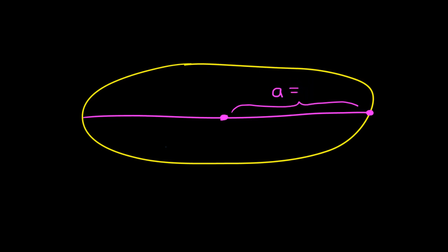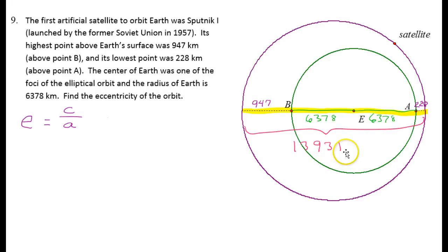So, in other words, the A value is going to be half of the major axis. So, that means that the A value is going to be 13,931 divided by 2, getting 6,965.5 kilometers. That's the A value.